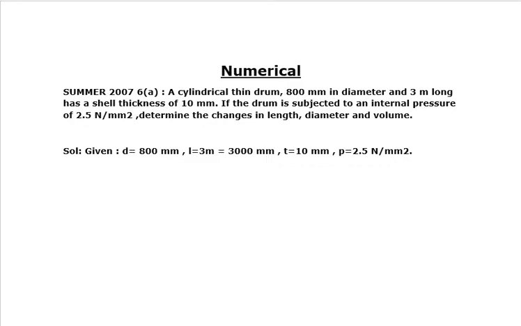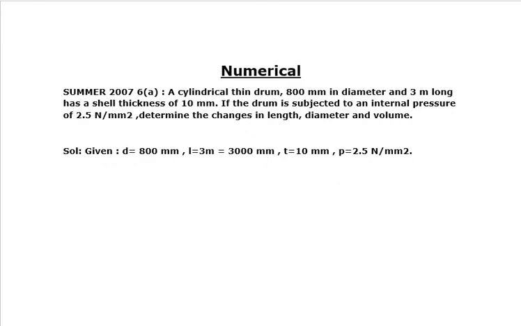Today we will discuss one more numerical related to thin cylinder. This question has been asked in summer 2007 and the question number is 6A. The question is: a cylindrical thin drum 800 in diameter and 3 meter long has a shell thickness of 10.